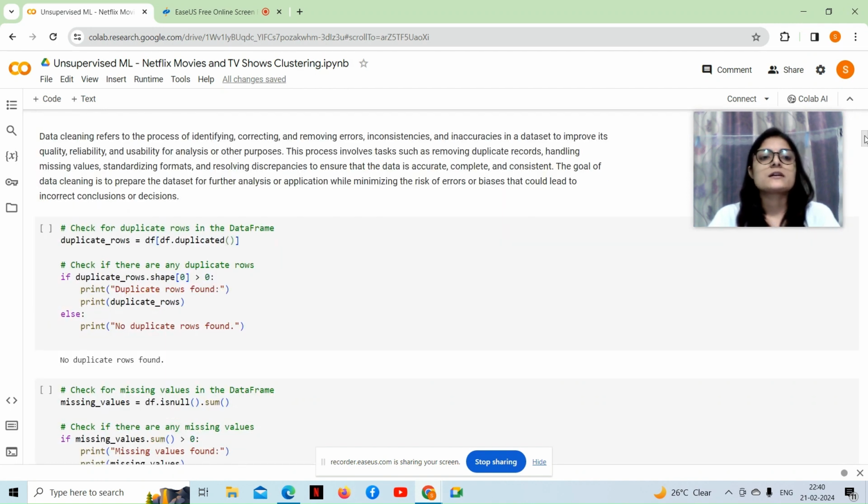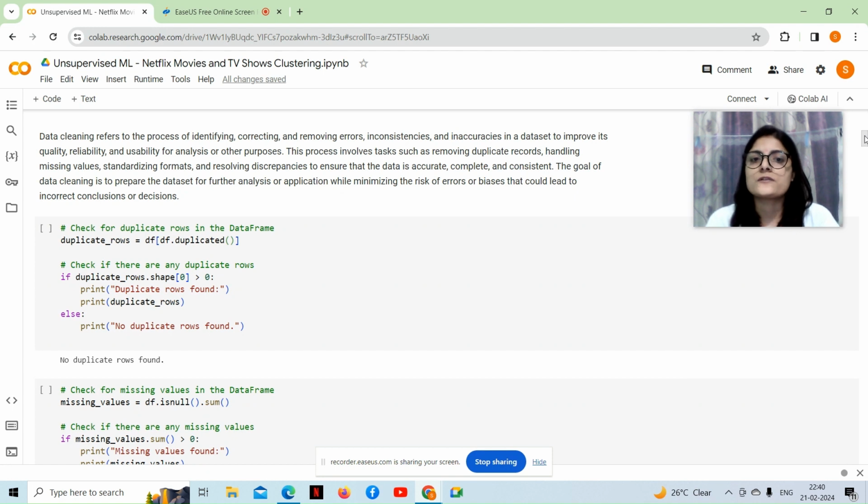Then data cleaning. As we know, data cleaning means the process of identifying, correcting, and removing the errors, inconsistencies, and inaccuracies in a data set to improve its quality, reliability, and usability for analysis or other processes.